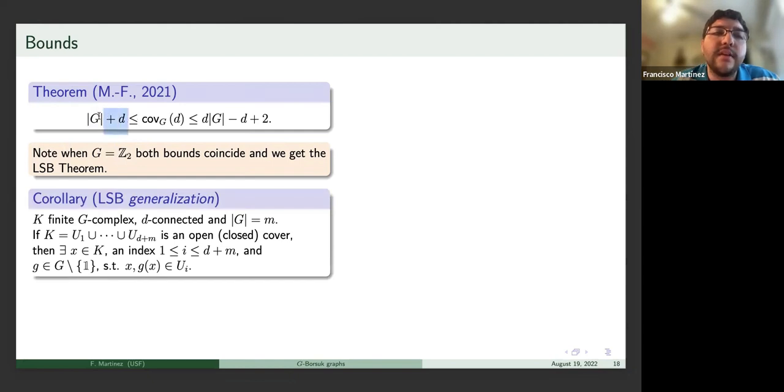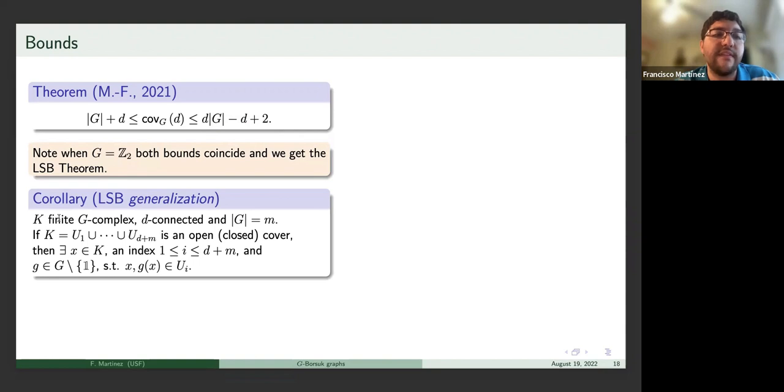This lower bound that we give here, that is where we use the topology that I want to describe. And the upper bound, maybe we'll discuss a little bit, that is an induction construction. So this lower bound actually also gives a corollary that looks like the LSB theorem.